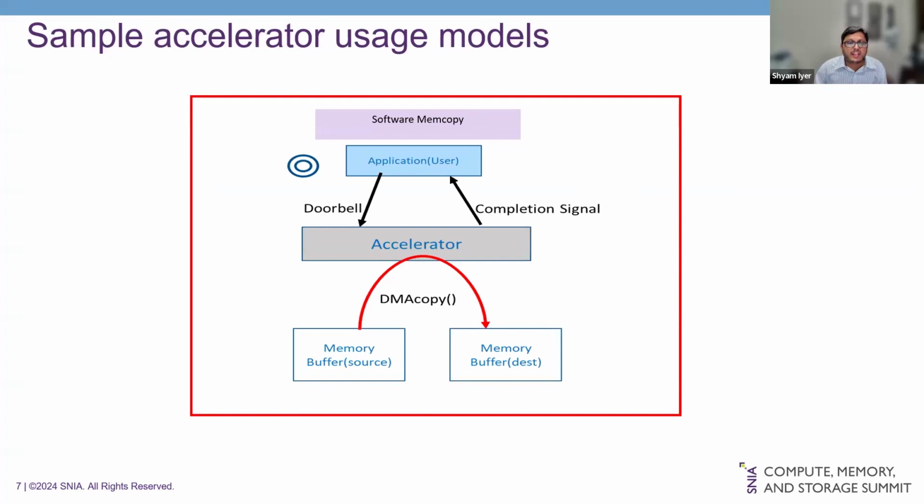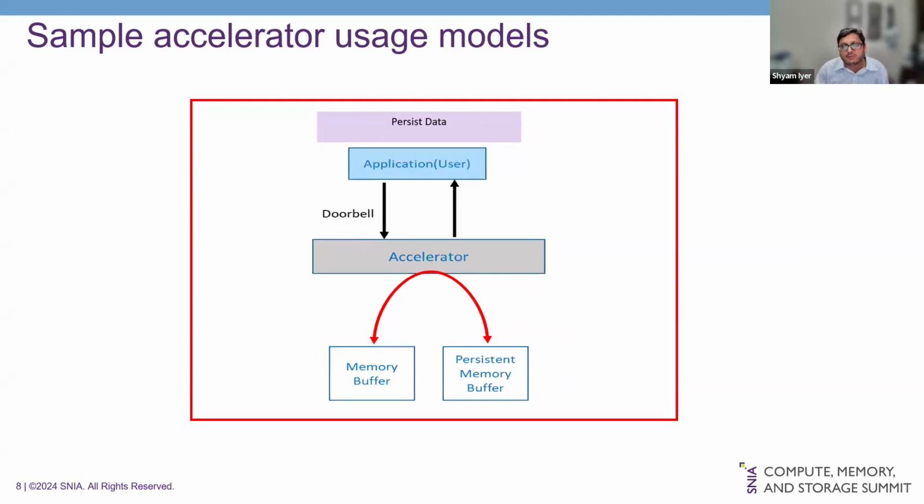If an application wants to offload a lot of the buffer copies that it is performing today to simply save on CPU or compute cycles, you might want to employ an accelerator for that. For that, you might queue a work descriptor, ring a doorbell, and then the accelerator will go and perform those buffer copies, and once it's done, provide a completion signal. This is one example of an SDXI-based accelerator helping you with memory-to-memory data movement offload.